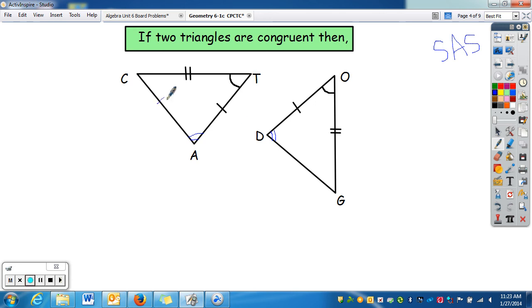Or I can say side CA has to be congruent to this side. Or lastly, angle G is congruent to angle C. That's all because I already knew these triangles are congruent. If these are all the same, then everything else is the same.